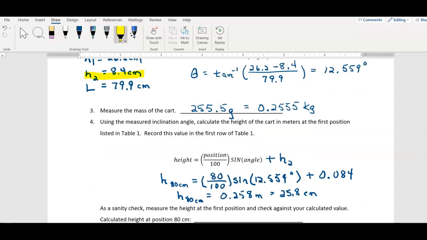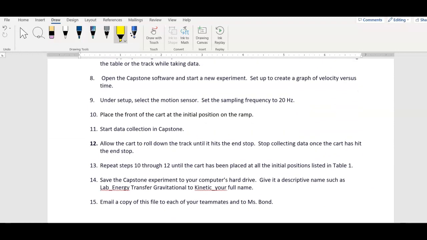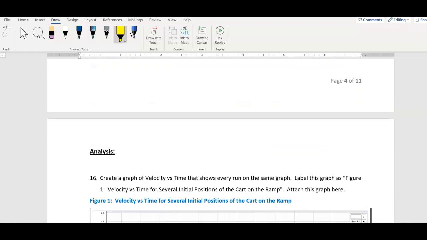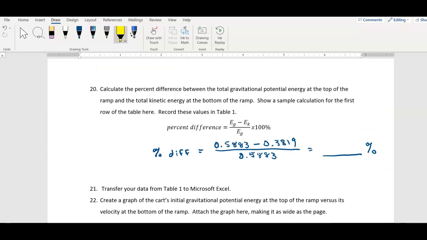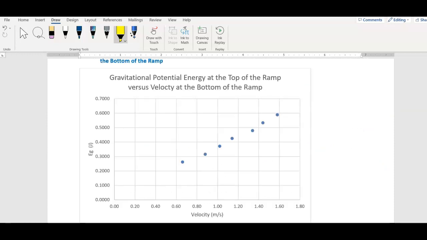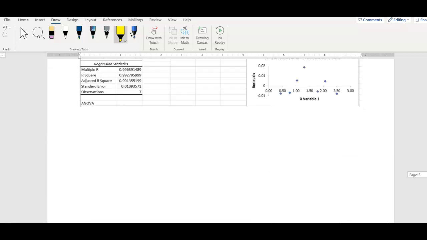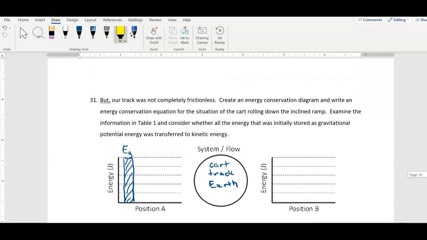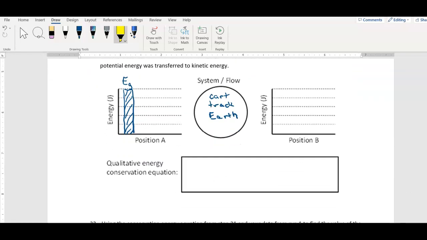And so there's still a little gravitational potential energy there. Not as much as there was at the top of the track, but some. But also, the cart was moving, so there's some kinetic energy.